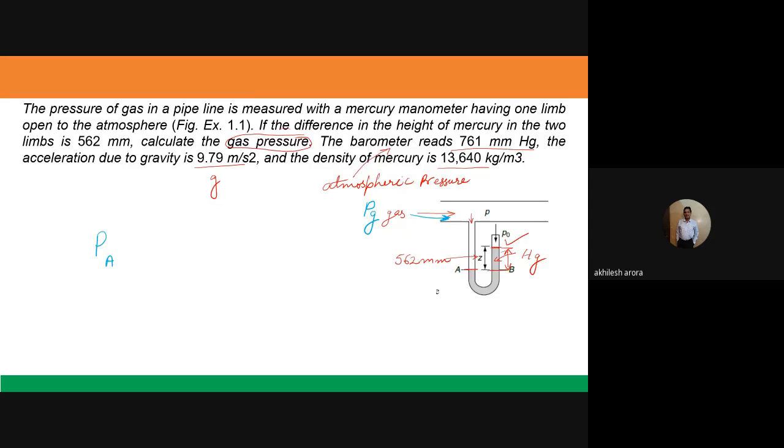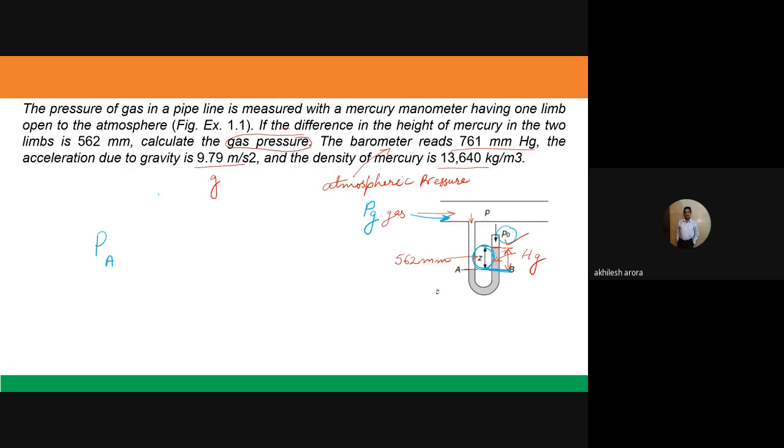This is a U-tube manometer actually, or a mercury manometer. Now at point number B, what are we calculating? We are calculating the pressure due to this value Z. Now this value Z corresponds to the gauge pressure. When I am adding this atmospheric pressure into it, that means I am calculating the absolute pressure of the gas.